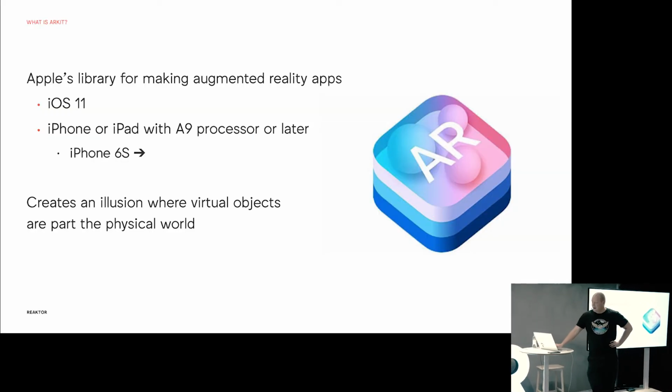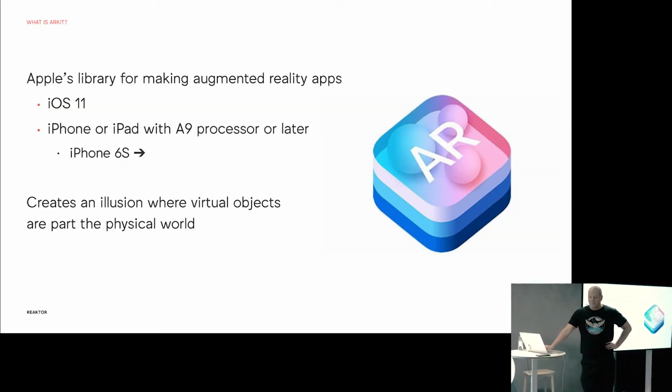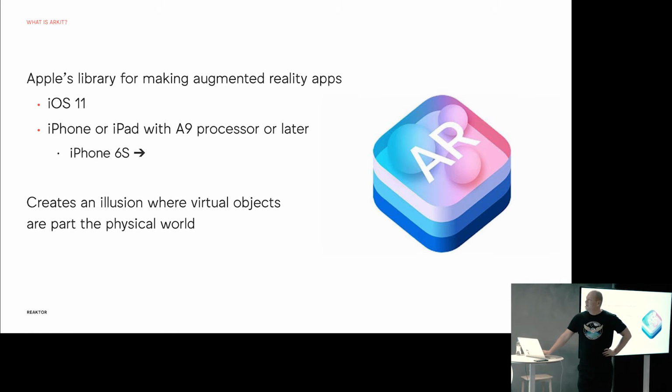Well, it's Apple's new library from, I guess, last fall, but it was introduced at WWDC last spring. It's for iOS 11 and for iPhones and iPads with an A9 processor or later. So if you've got an iPhone 6s or better, then it works on your phone.